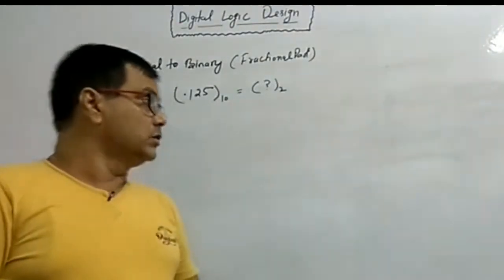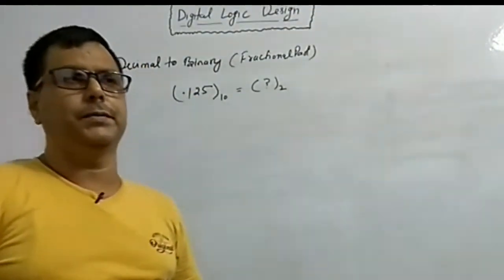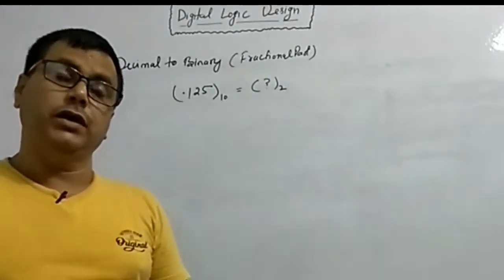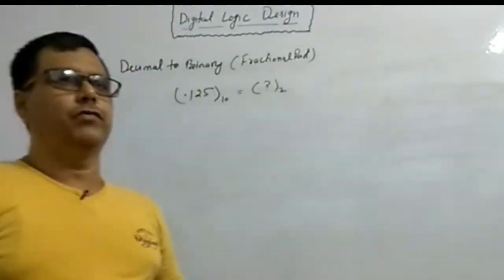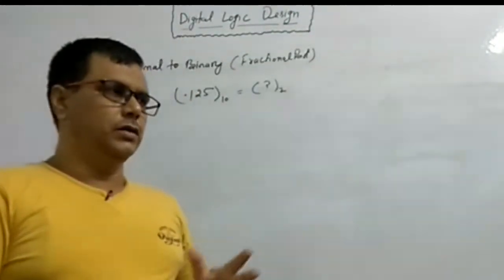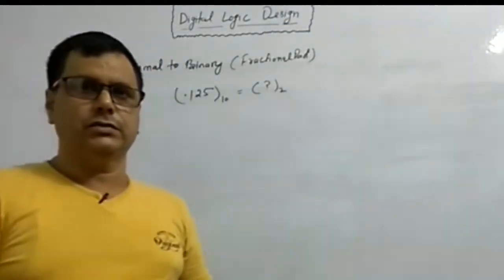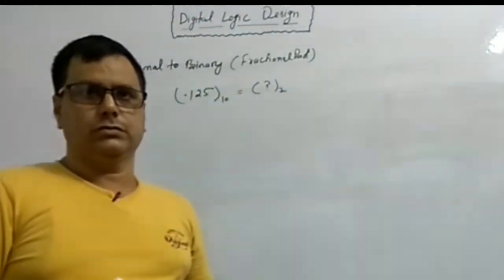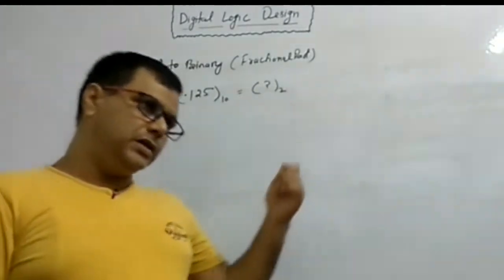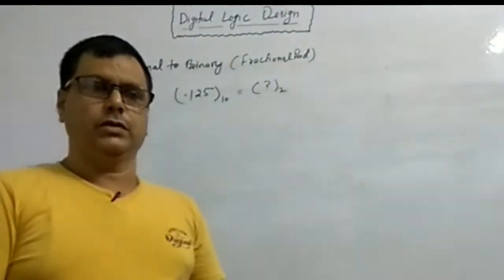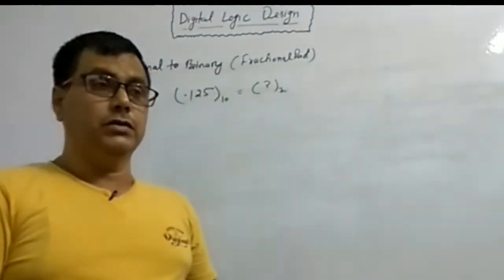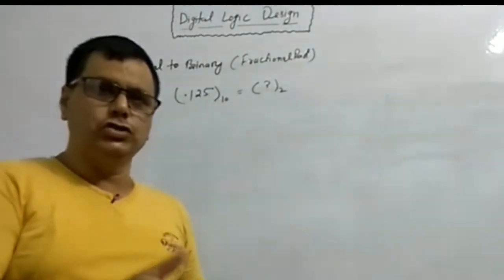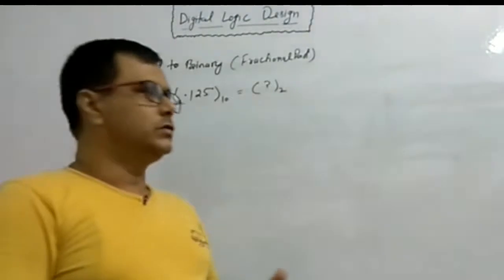As in the integer part or whole number part, we were continually dividing and finding the remainders, here the process is we will continuously multiply the fractional part by 2 and pick the integer portion, again multiply, and we will keep on doing this until the fractional part leads to 0.